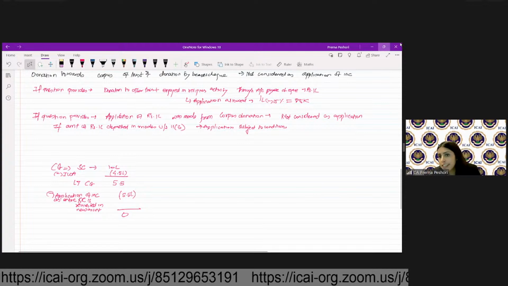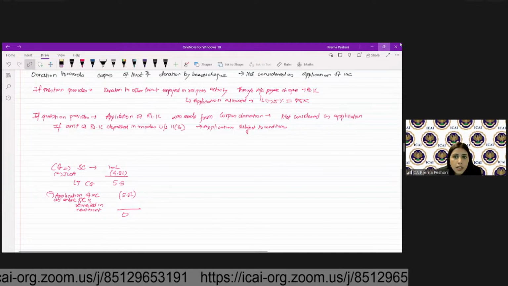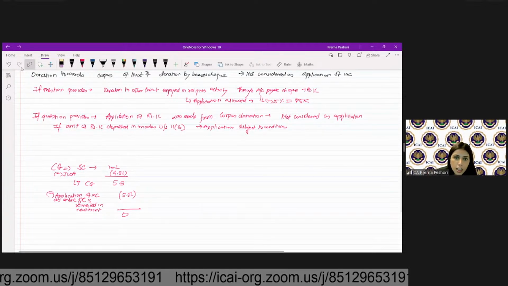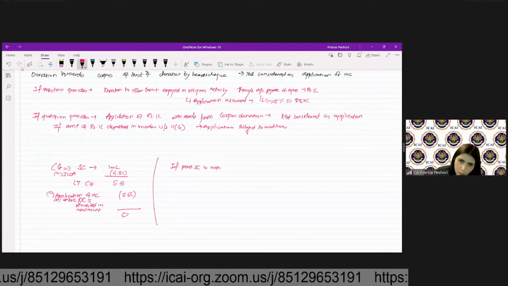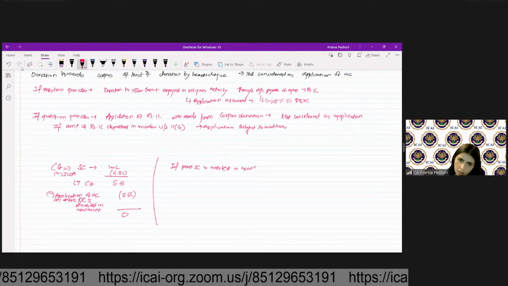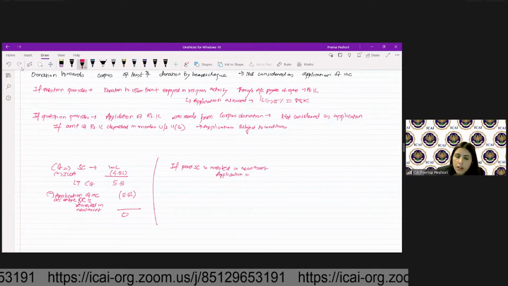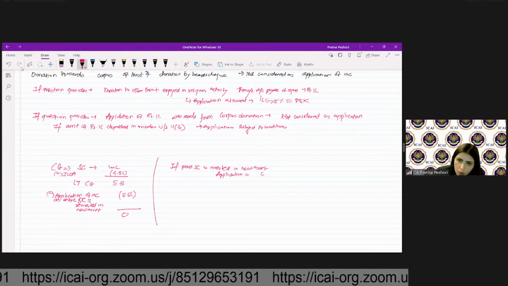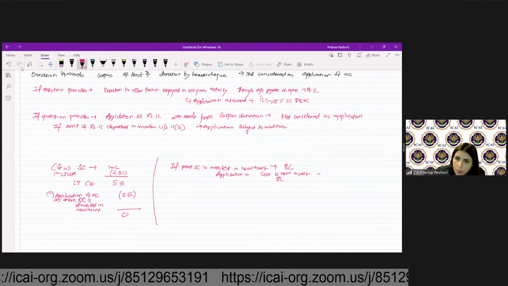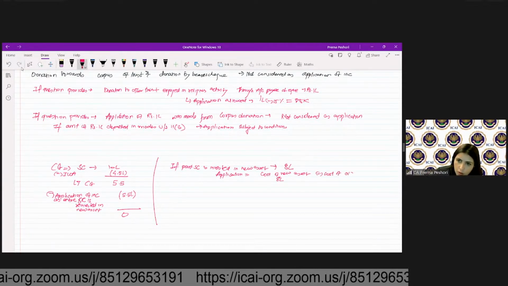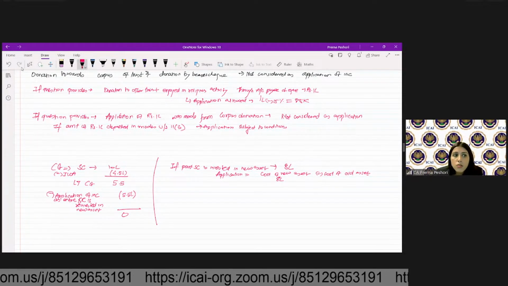So then in that particular case, if part sale consideration is invested in new asset, then my application shall be cost of new asset, which is, let's say, 8 lakh, minus the cost of old asset.